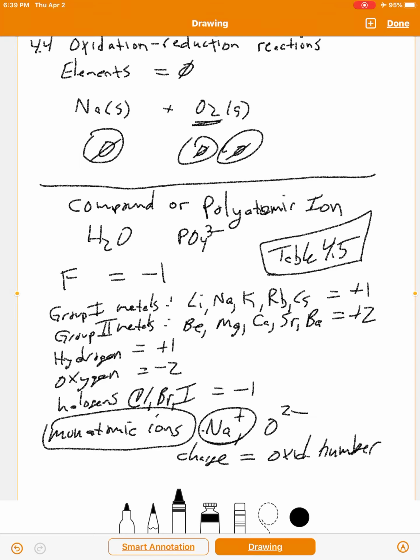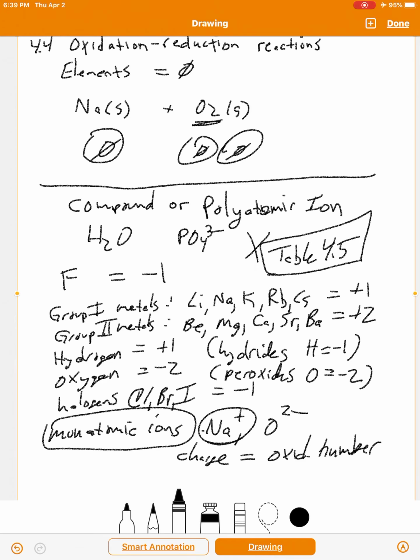Now there are a couple exceptions. For hydrogen, there are substances called hydrides, and there it's -1. And for oxygen there is something called a peroxide. You're familiar with hydrogen peroxide, and there oxygen is -1.